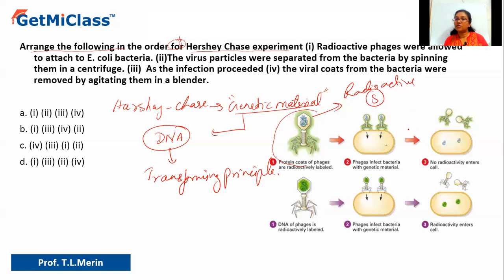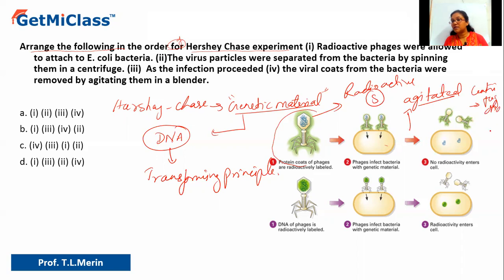So for separation, they agitated it, that means they put the mixture in the blender so as to separate the phage particles from the bacteria. And further, they performed centrifugation.